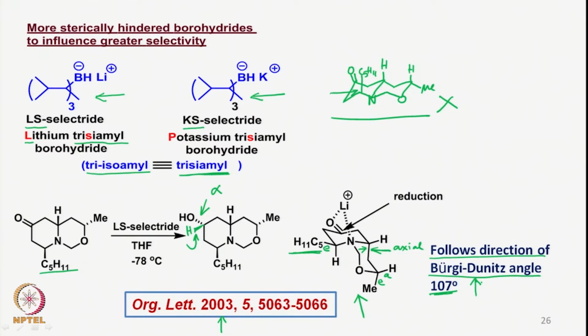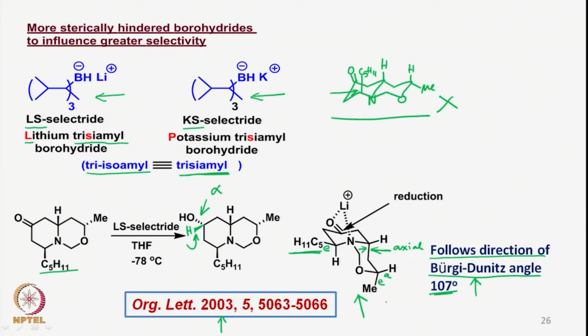So in any case the reduction has occurred in a highly diastereoselective fashion, mainly because of the very large bulky groups present on this LS-Selectride.